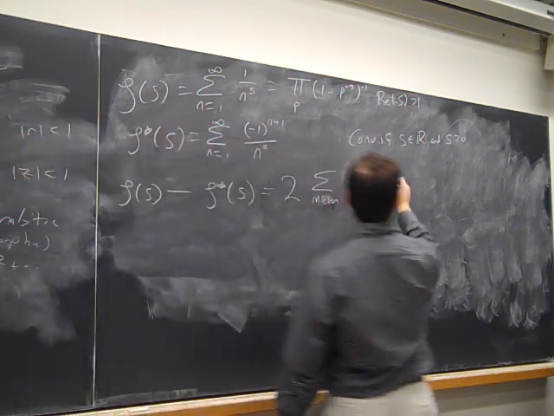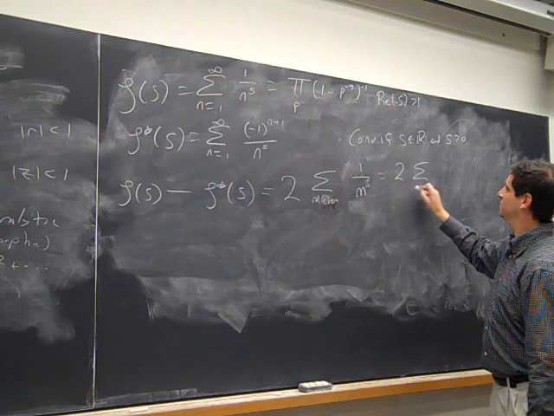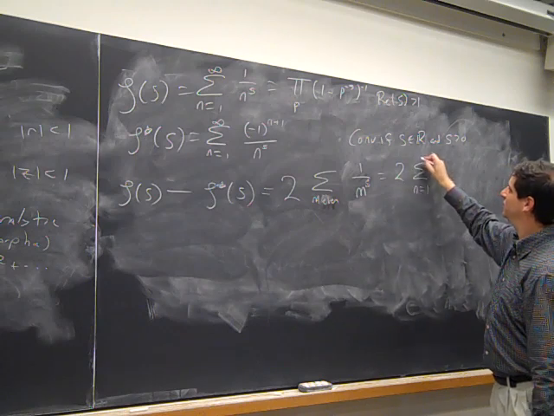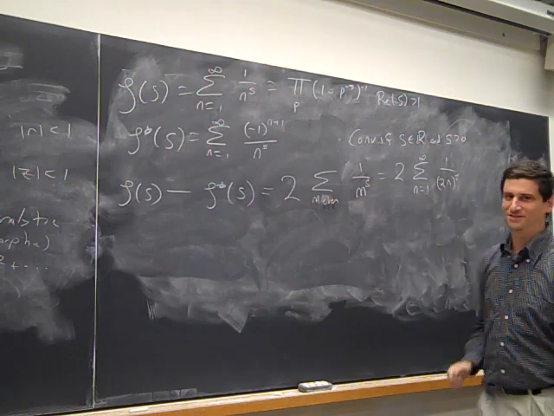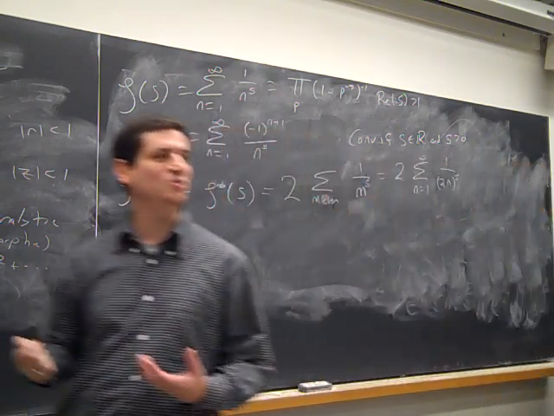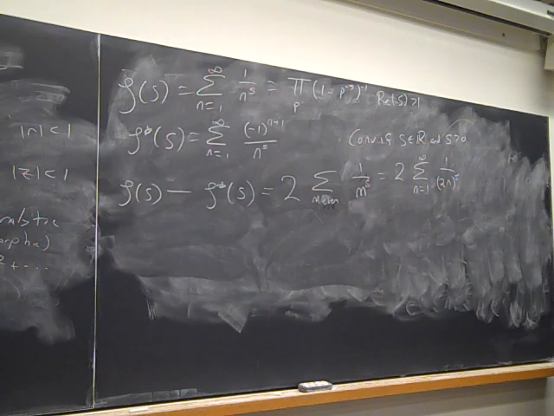So this is the same as 2 times the sum, n goes from 1 to infinity, 1 over 2n to the s. Now I think you can begin to see why I like the double all evens rather than double all odds. What algebraic simplification can I do to that sum?